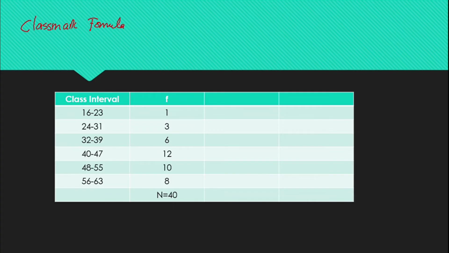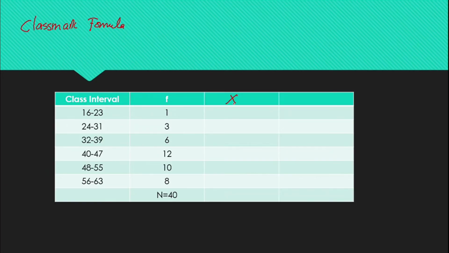In the class mark formula, the first step is to construct the column for the class mark, x. How to find the class mark? The class mark is the midpoint of the lower and the upper limits of the given class.